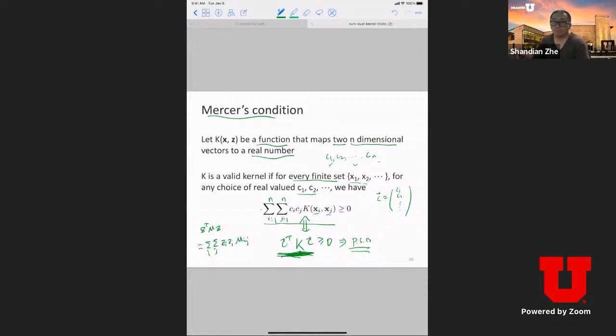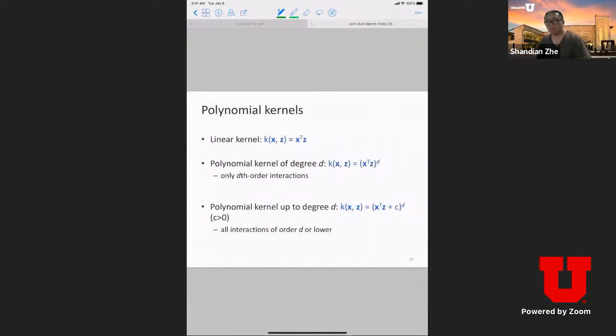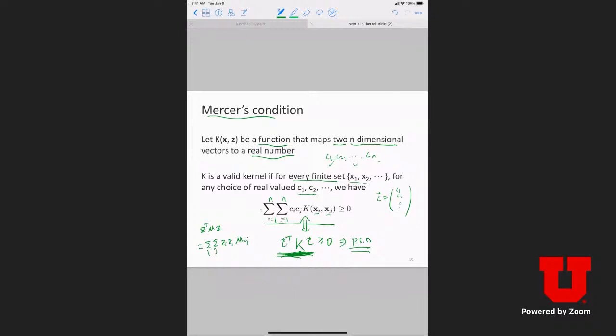Would a linear combination of x actually satisfy that equation? If we select c as a linear combination of input vectors x1 to xn, wouldn't that satisfy the positive semi-definite condition, like c transpose K c would be greater than 0?